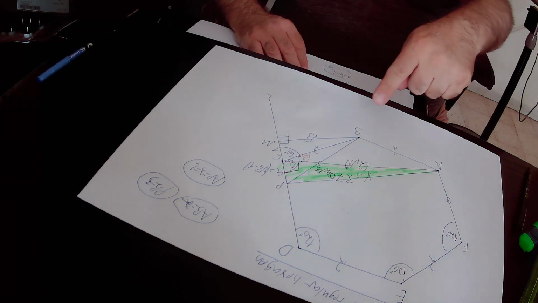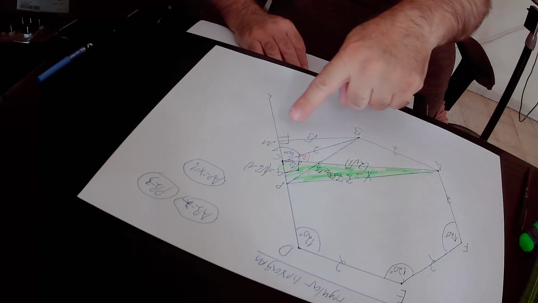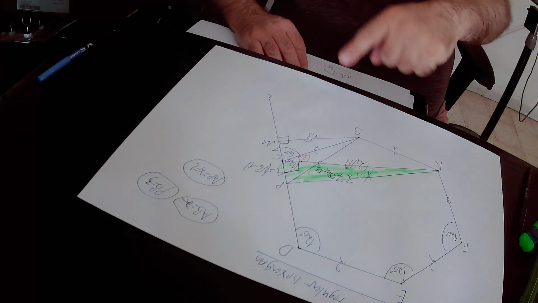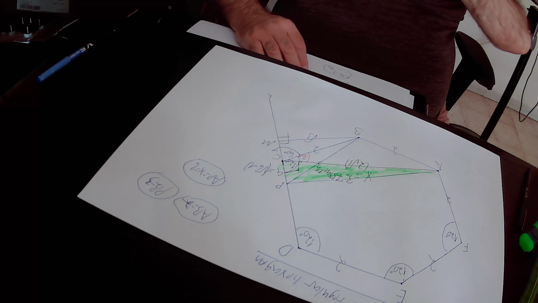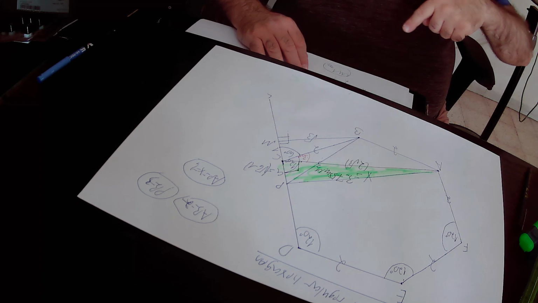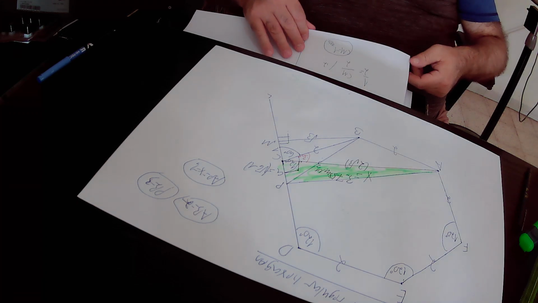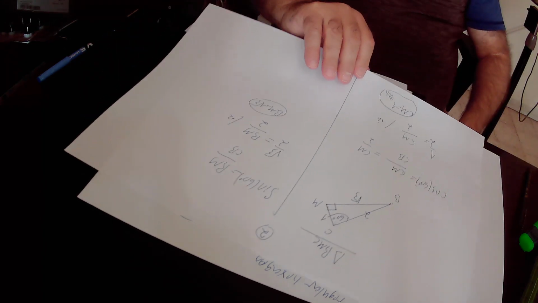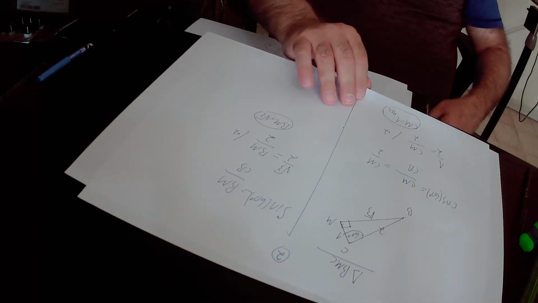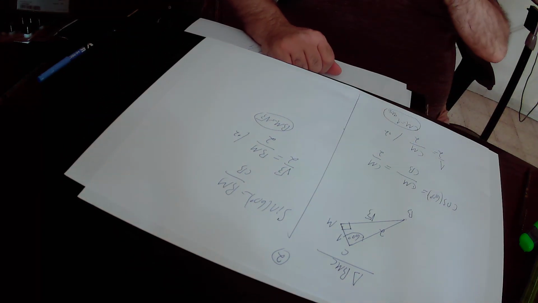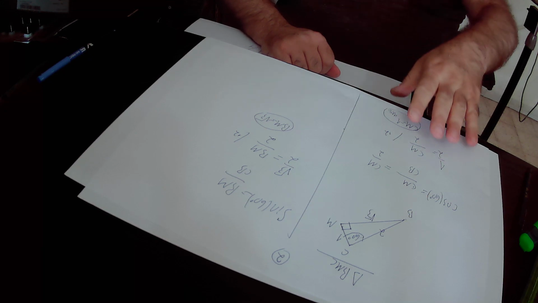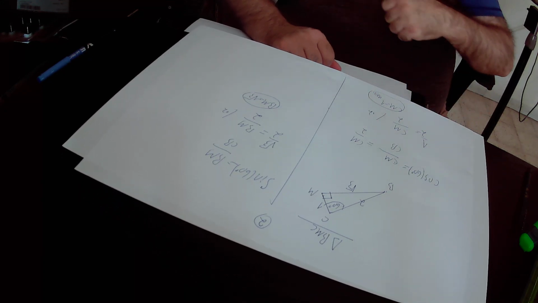Then I copied the right triangle BCM onto a new page, and we analyze this right triangle BCM. This is the right triangle BCM, or BMC, it's the same, copied from the original drawing.